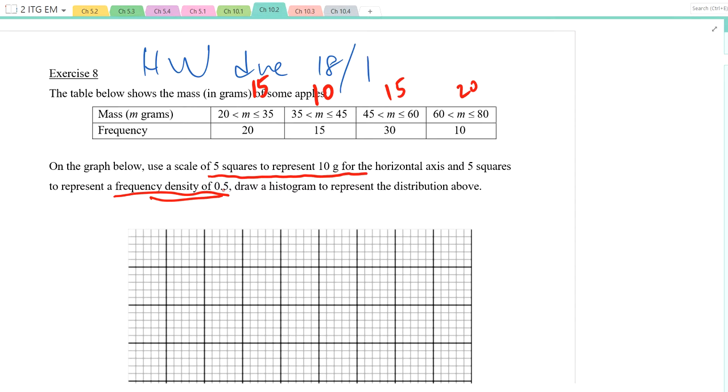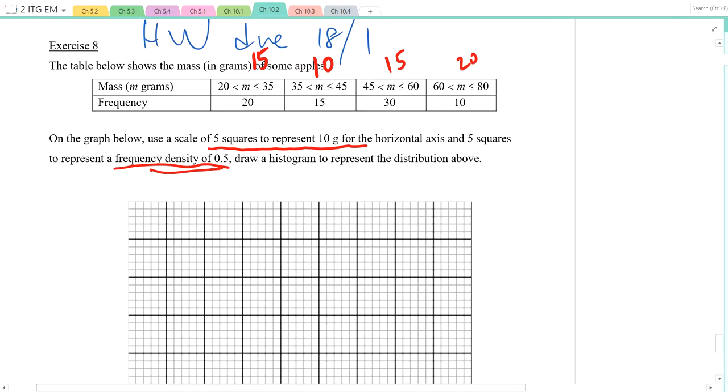I've got my horizontal information already, which is the masses. Vertical information must be the frequency density. So include one more row, a third row for your table. Now this is for frequency density.